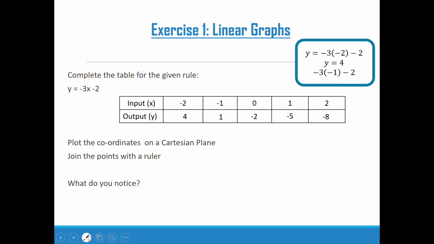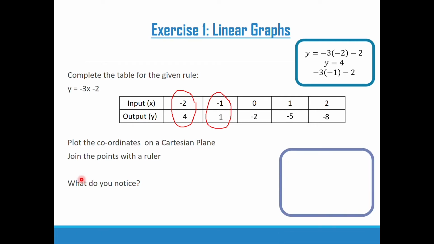Okay, now your x and y coordinates are joint. Alright, so these are your first set of coordinates. These are your second set, and so forth. Right? And remember, with your sets of coordinates, you have an x and a y. So this is your x and this is your y, and these are together.